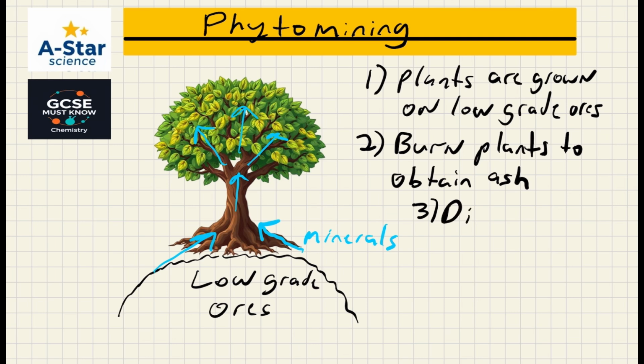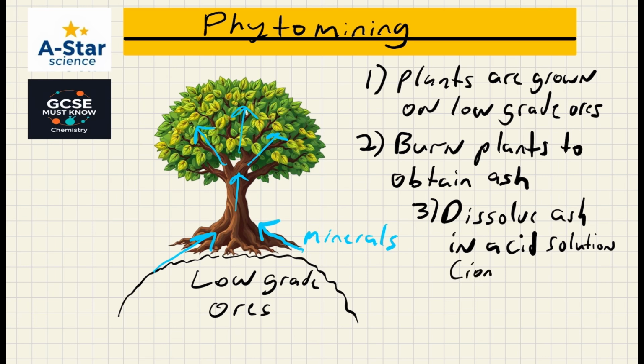Well, they're going to dissolve the ash, normally in an acid solution. And that means now the minerals are within a solution. So they're now liquid, meaning that the ions are now present. Okay, so the ions of the particular mineral that you want are present now.